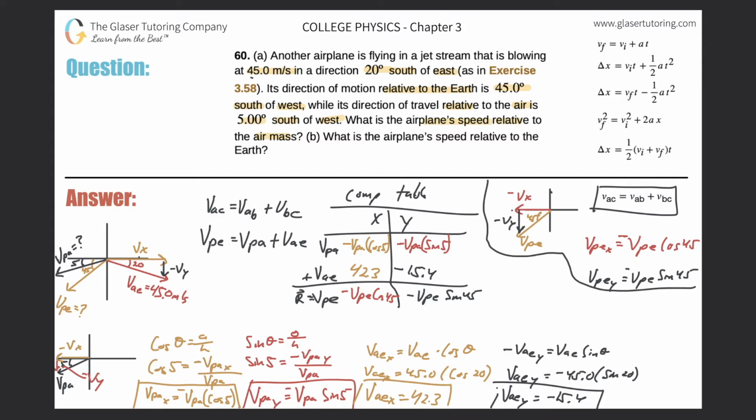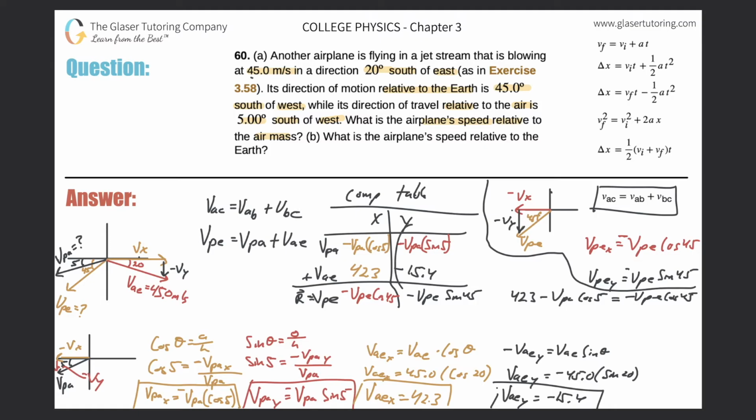It'd be 42.3 minus this term, minus VPA cosine of 5, is going to equal negative VPE cosine of 45. So that's cool, let's leave that.